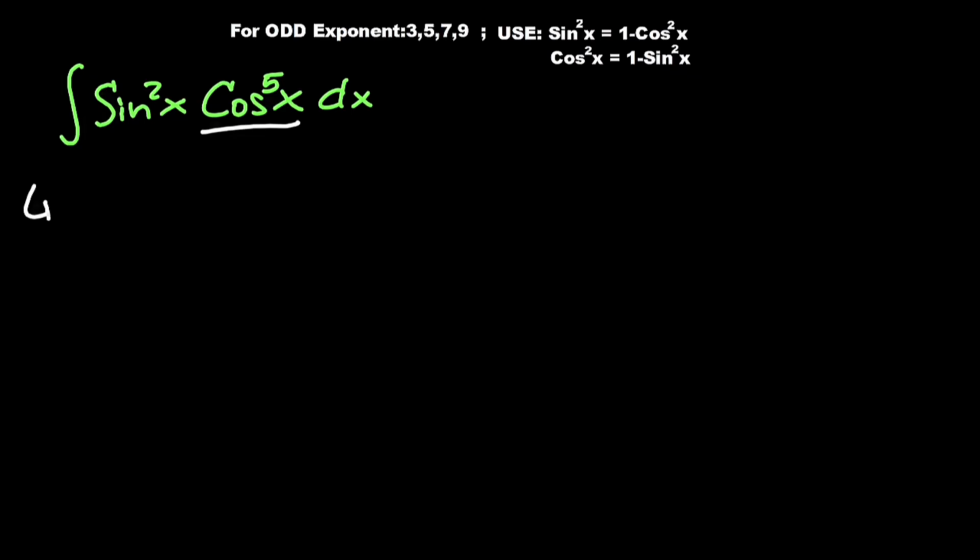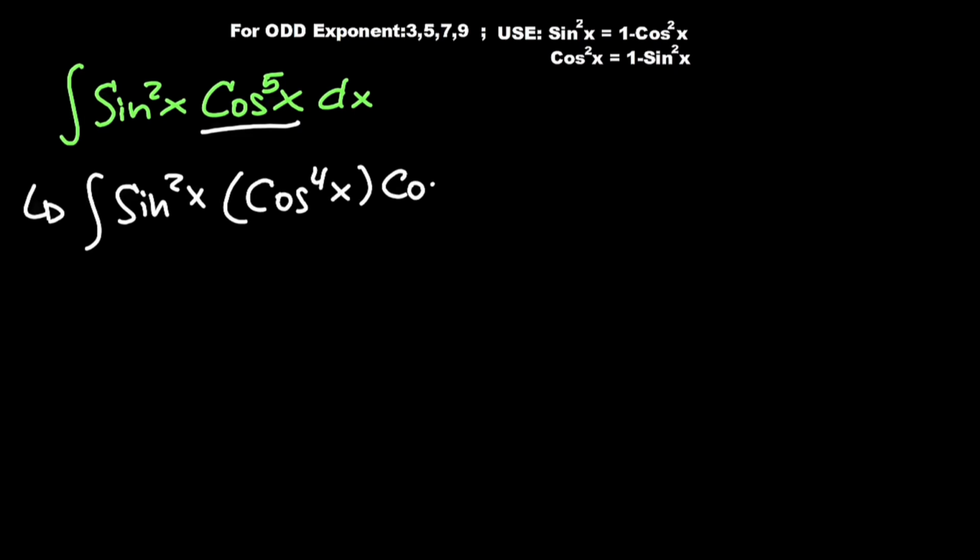And so this would be integral of sin² of x. And since this is on the odd exponent rule, we will factor out 1 cosine of x and put the rest in the form of cosine² of x.